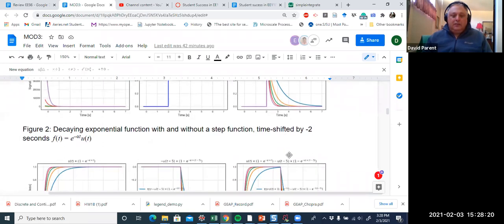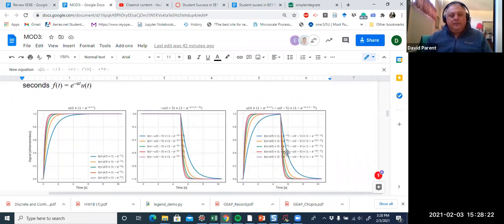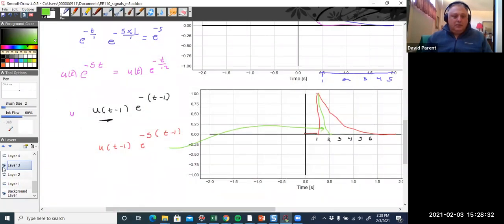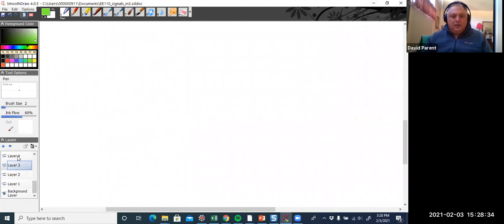Now, for the final thing, we have a shape that you might see on exams.